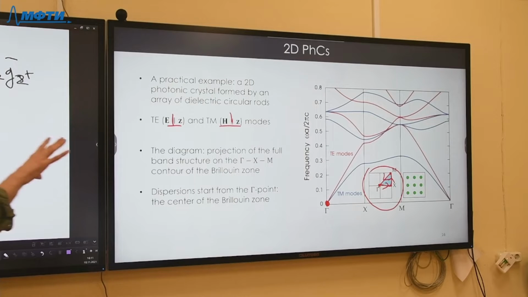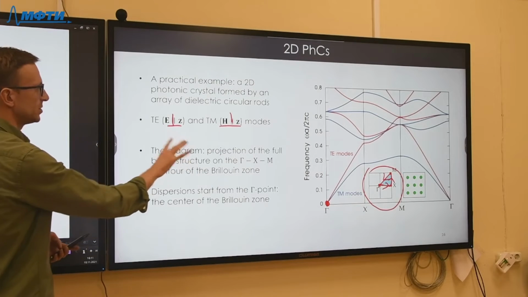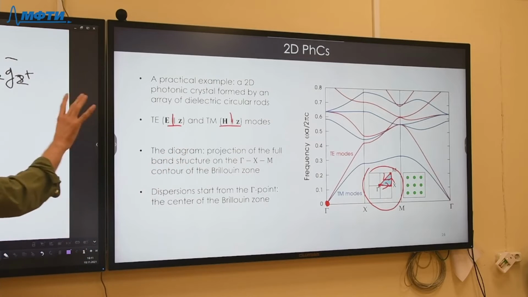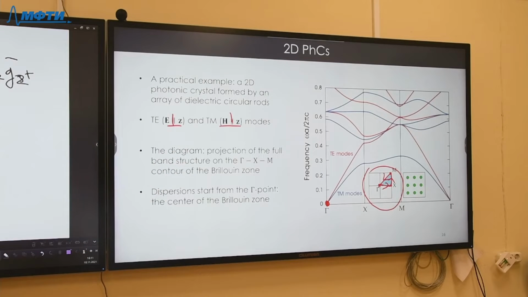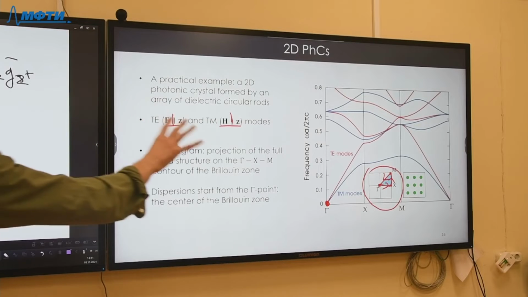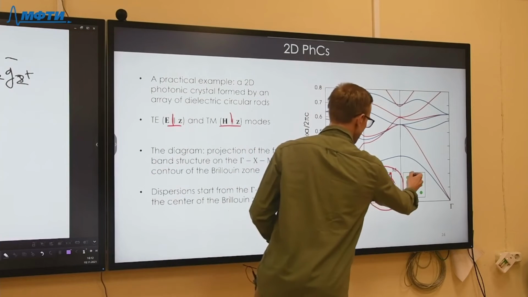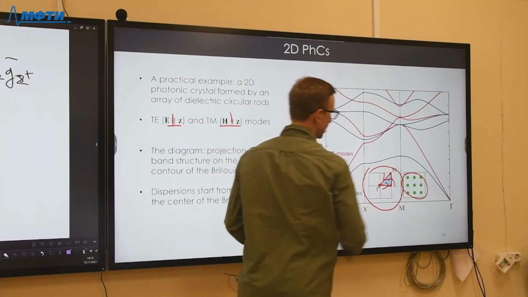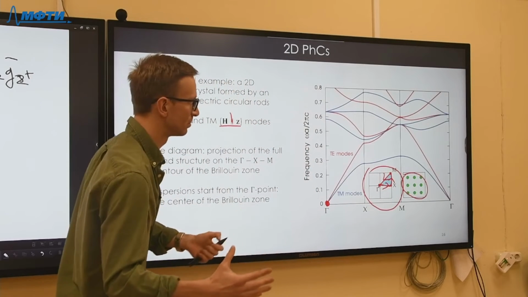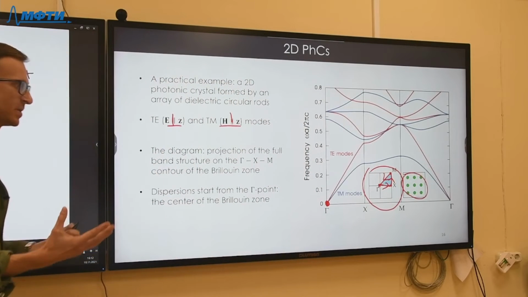And the fact that dispersion starts linearly from the gamma point makes sense, because at low frequencies, your wavelength is huge. And when the wavelength is huge, that means that the electromagnetic field sees your photonic crystal, your arrangement of periodic dielectric elements, as some effective medium. And when a medium is effective, it means it's homogeneous.